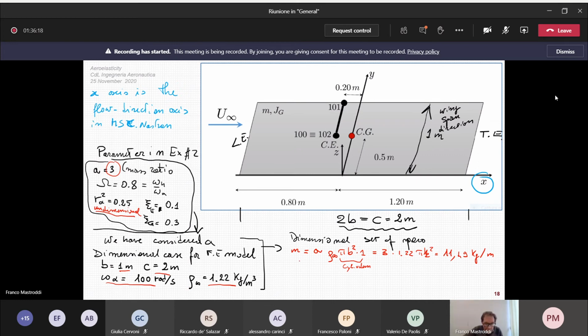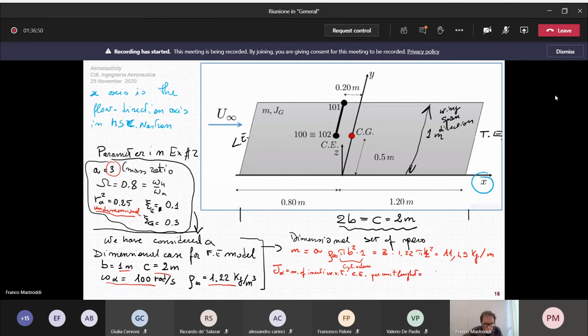We can also evaluate J alpha, for example, which is the moment of inertia with respect to the elastic center, again per unit length.